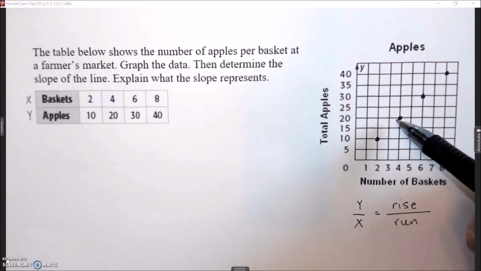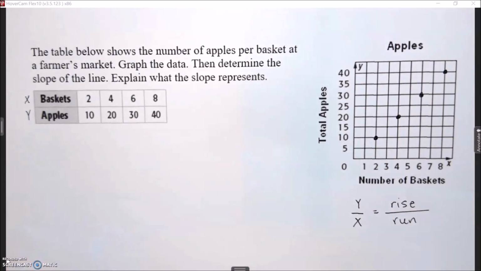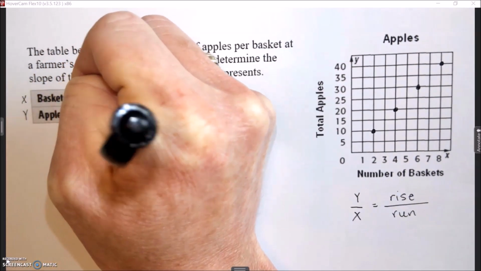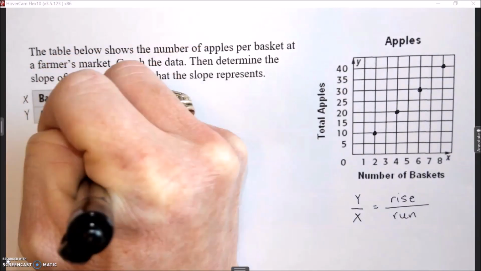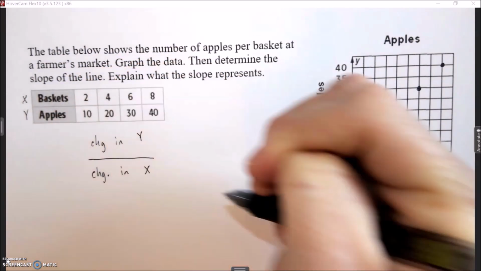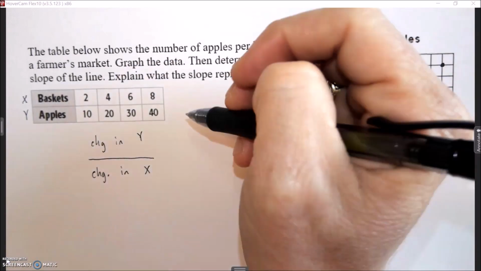Just like we use these points here, we're going to use these points here. Now, I told you that slope is the change in y over the change in x, correct? Well, we're going to do something a little bit different.